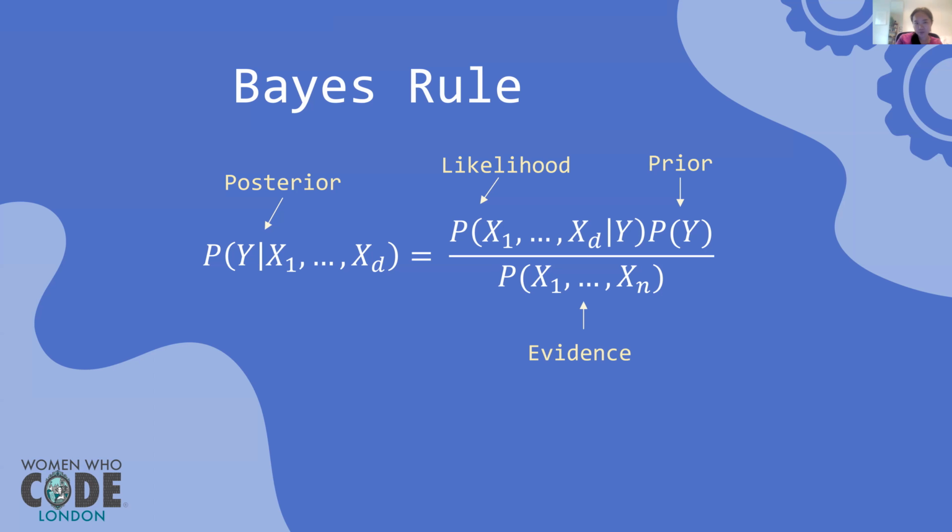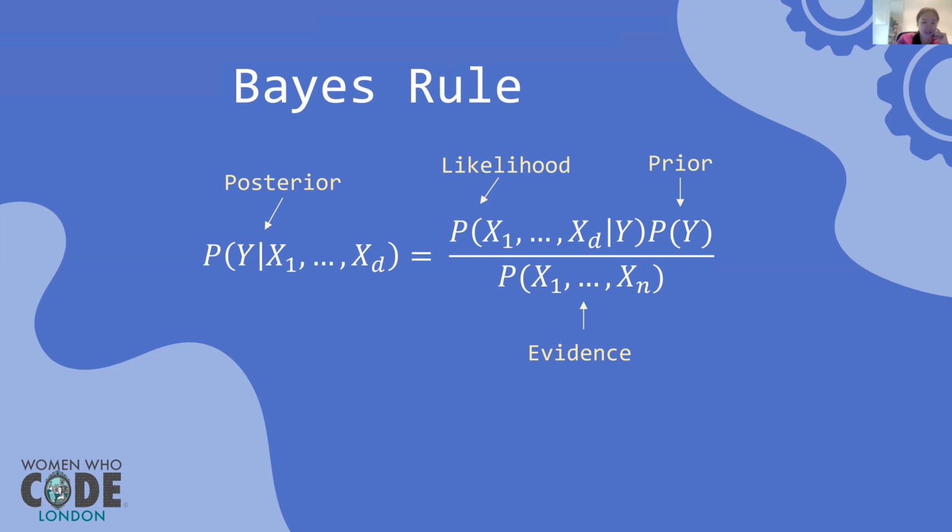Because it is really hard to calculate the left side, to make the calculation simpler, we're going to transform this function into something else, which is easier for us. That's why we have Bayes rule, which is this equation.